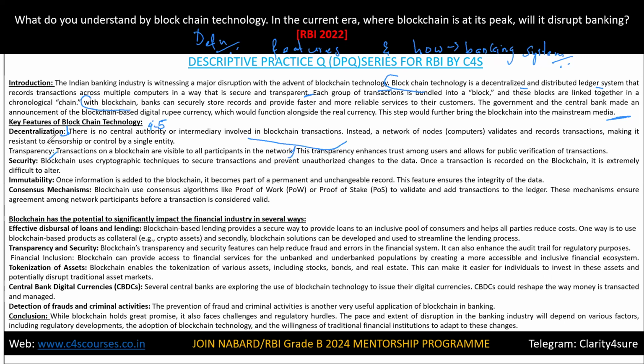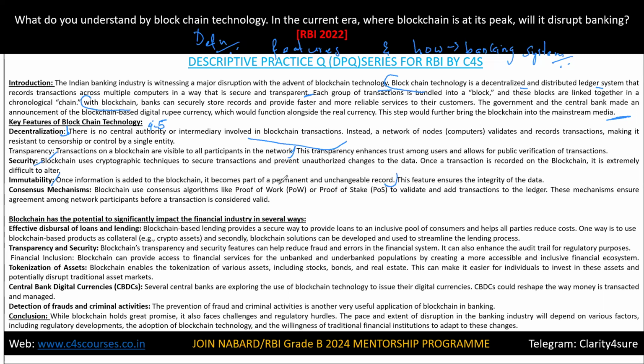Next, security, you can give one more point. Blockchain uses cryptographic techniques to secure transactions and prevent unauthorized changes to the data. Next, immutability. Once information is added to the blockchain, it becomes a permanent and unchangeable record.